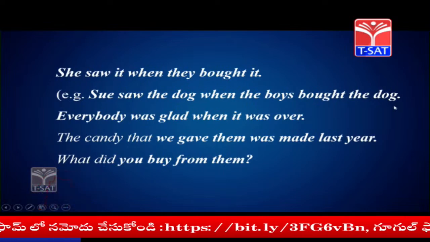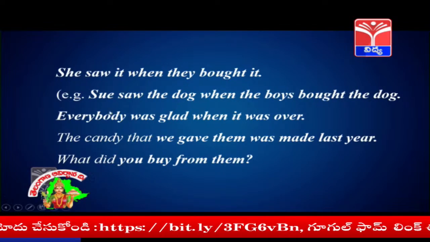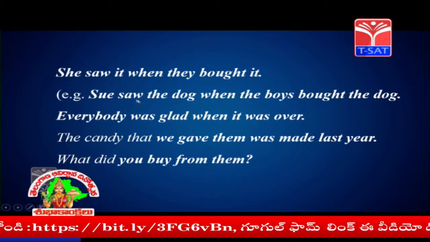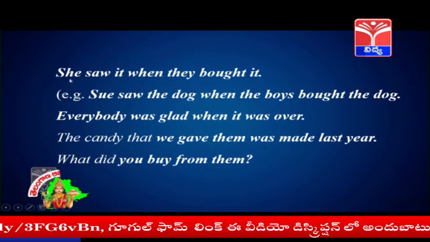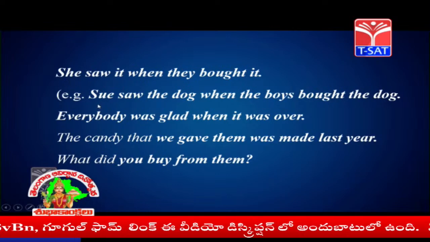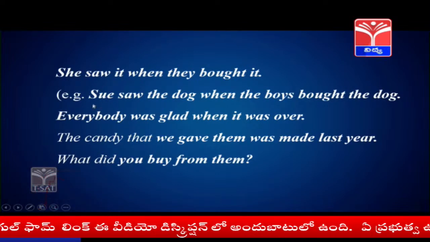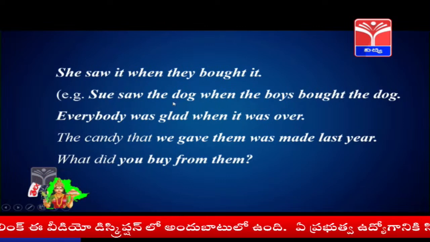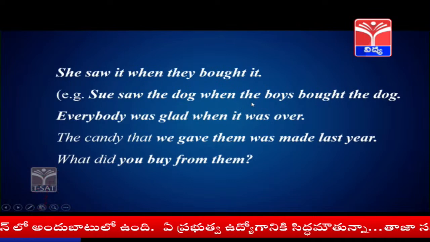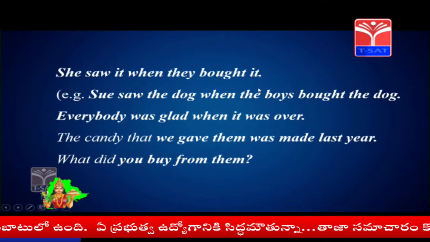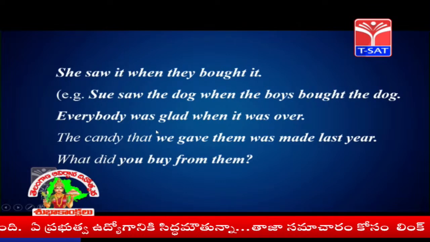Somebody bought the dog, right? And Sue saw it. See here, she is a substitute to the noun called Sue, and it, the dog, they, the boys. So likewise, we can simplify the sentence by using these pronouns.